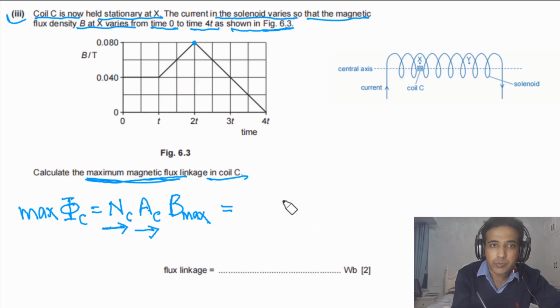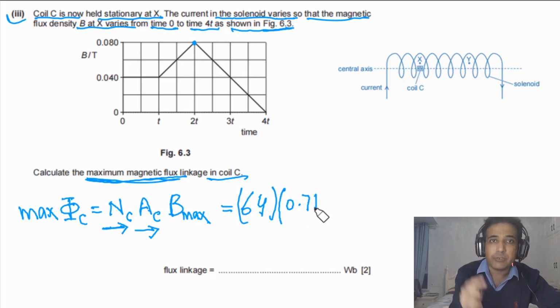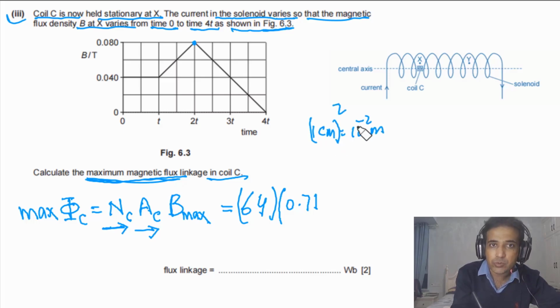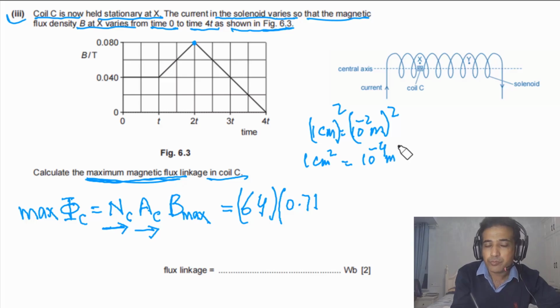Now we simply need to plug in values. We have N, number of turns of coil C, 64. Cross-sectional area was given to us, that was 0.71 centimeter square. We need to understand 1 centimeter is equal to 10 to minus 2 meter. So we have to square both sides. So 1 centimeter square will be equal to 10 to minus 4 meter square.